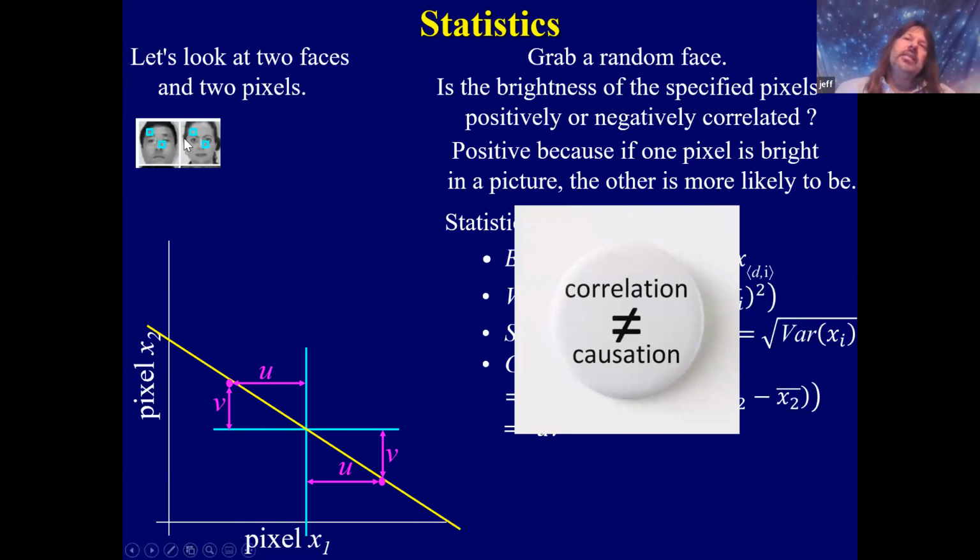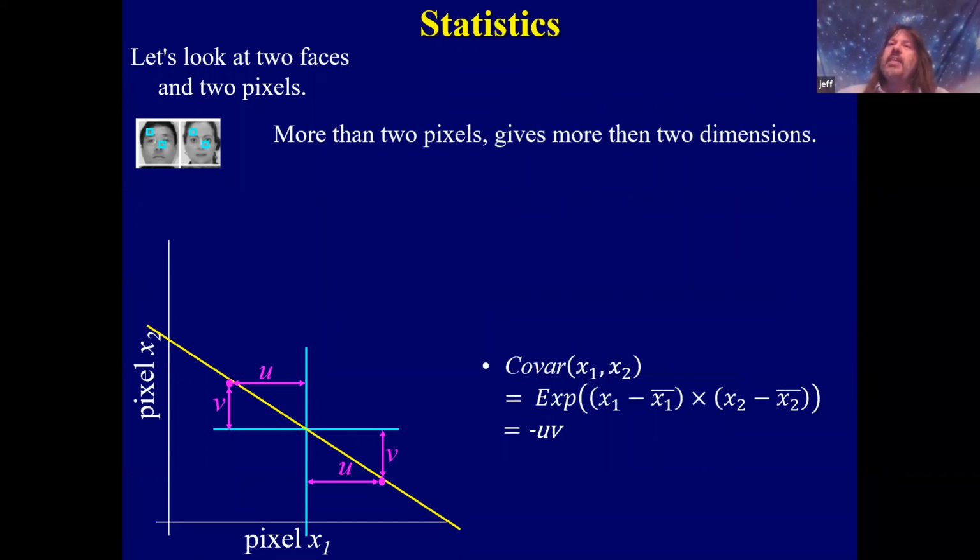But maybe a pixel within the hair is going to be more correlated with another pixel in the hair, because hair is going to be a similar color. Anyway, that's what we're talking about, correlation. And one of the mantras in statistics is that just because two things are correlated doesn't mean that one is causing the other.